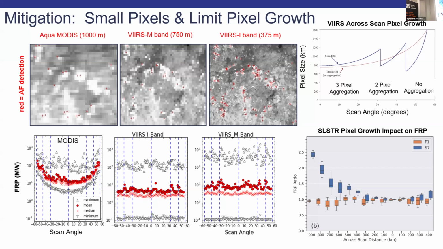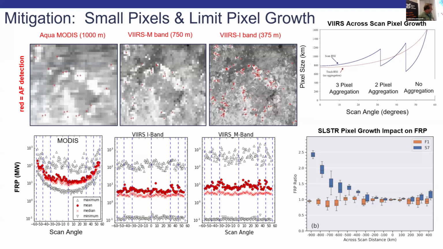And what we found was basically that if you measure it in the F7 channel, the fire impact you retrieve for that fire increases as you go towards the edge of the swath. But in the F1, it's got this very special and unexpected characteristic that its pixel size stays relatively constant across the swath, and therefore the retrievals of this particular thing also are not really much affected across the swath.